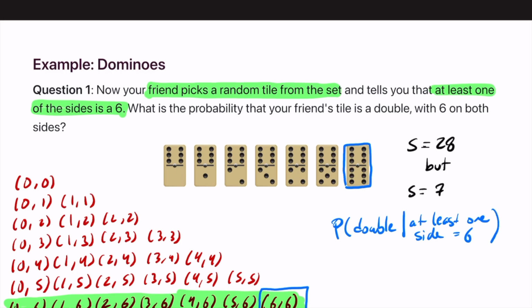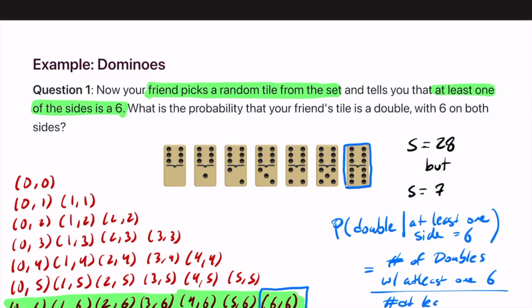So that's going to be the number of doubles with at least 1 6 over the number with at least 1 6.